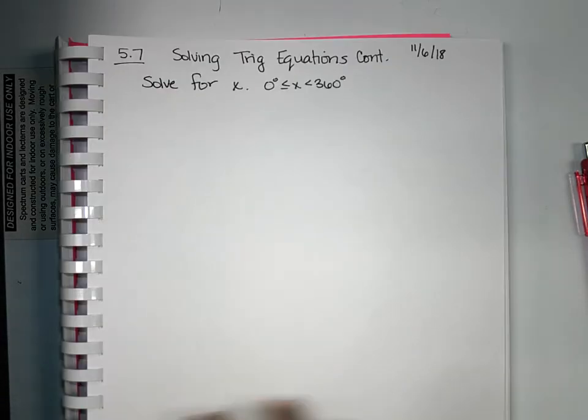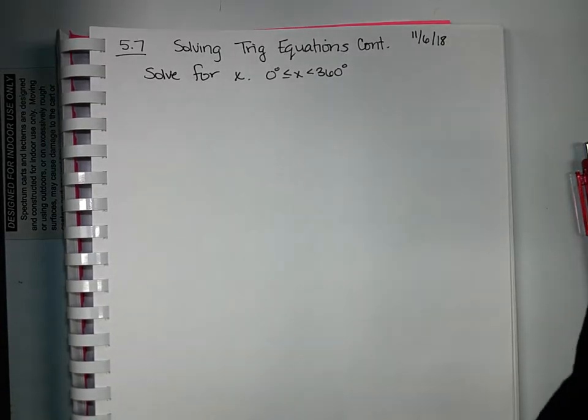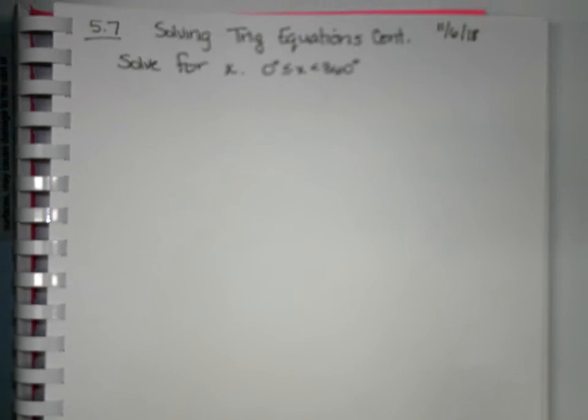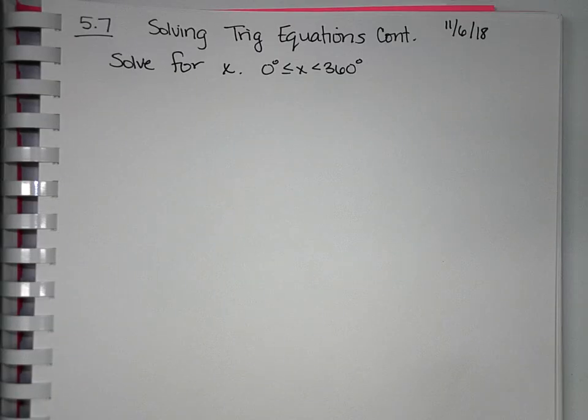Alright, so what we're going to look at tonight is just a couple more examples of solving trig equations for all angles between 0 and 360. Now, there's a couple specific types that we're going to look at with our solving tonight, and then we'll do a couple more, specifically one for sure that's going to be on your test, and another one that's going to be also on your test.